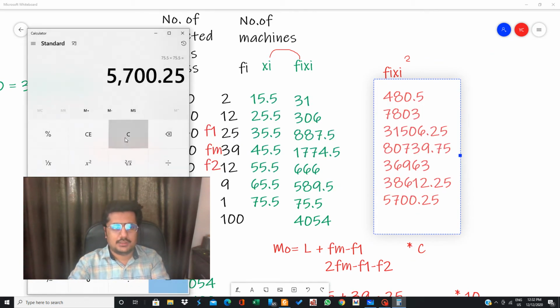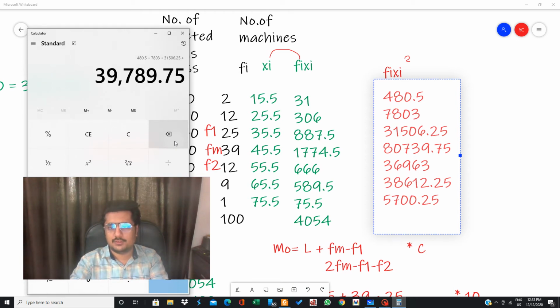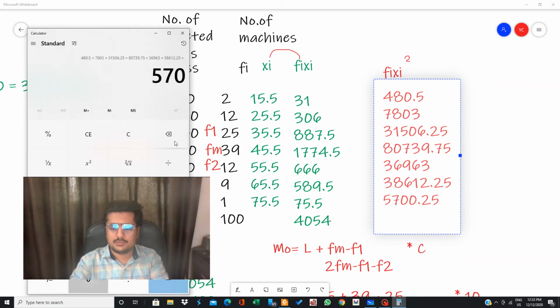Now you can see here 480.5 plus 7803, 31506.25, 80739.75, 36963, 3861.25, and 5700. It's 2 lakh 1000.